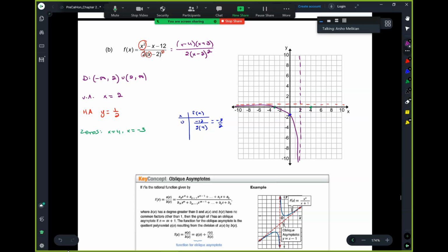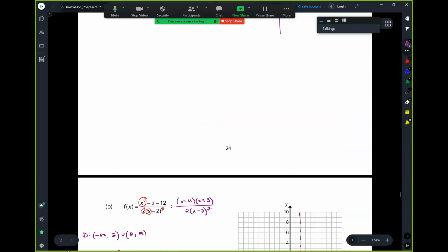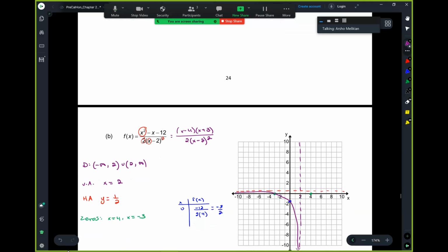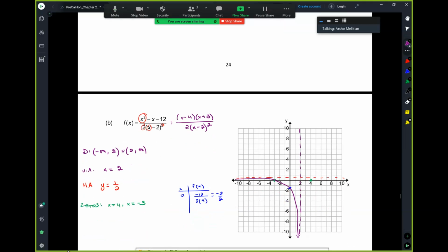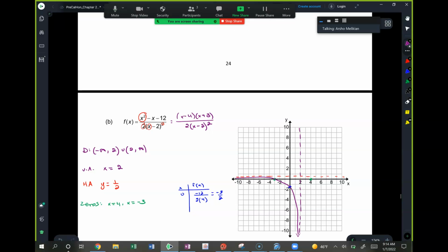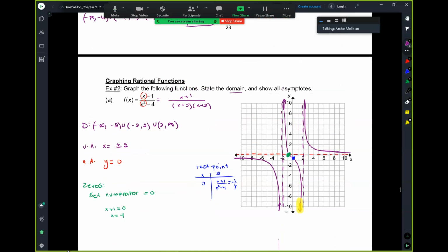Okay, here we go. Now, here's where the plot twist happens. Remember when I said if it exited the screen on the bottom here, it's got to re-enter on the top? But it can't cross that. Where did the vertical asymptotes come from? They came from here and from here. What's the multiplicity of that first term? 1.